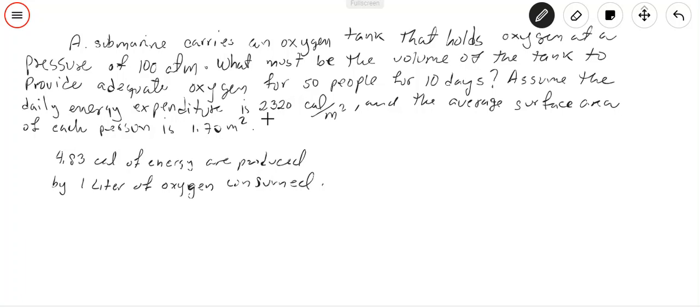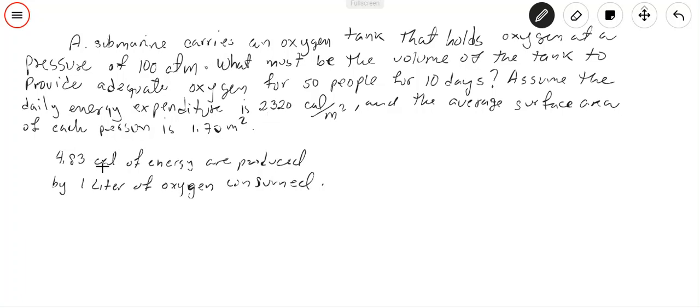We are assuming, and this is a value taken from chapter 11 of the book of Paul Davidovich, that the daily energy expenditure for a person is 2,320 calories per square meter, because it's the surface area of the person, and that the average surface area of one person is 1.70 square meters.